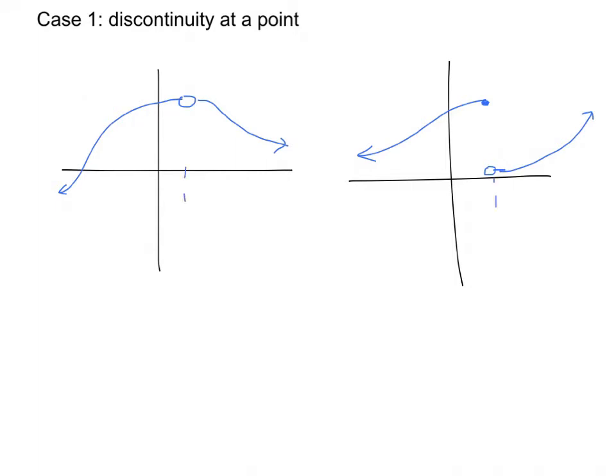I would argue that in both of these cases, our function f of x is not differentiable at 1. Is not differentiable. Sorry for my horrible handwriting. At x equals 1. Now why is that?